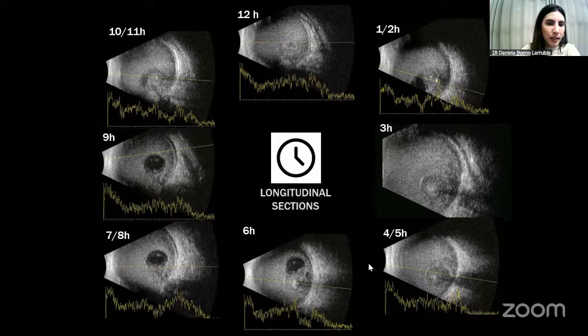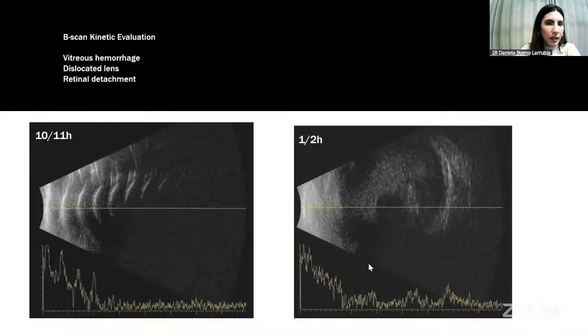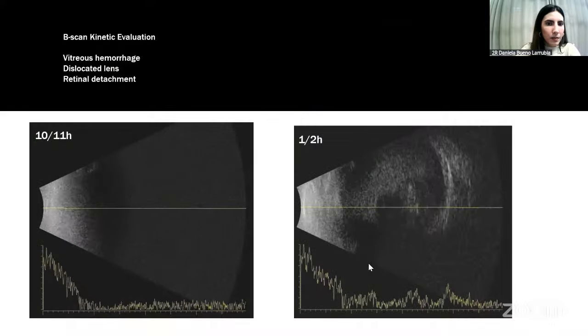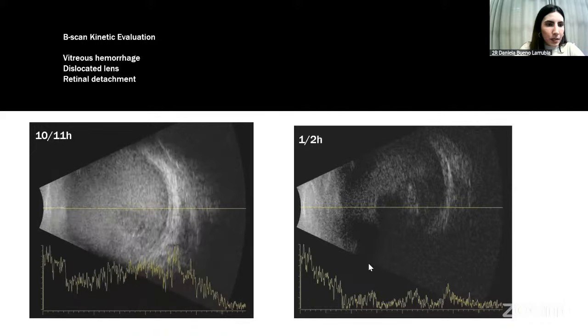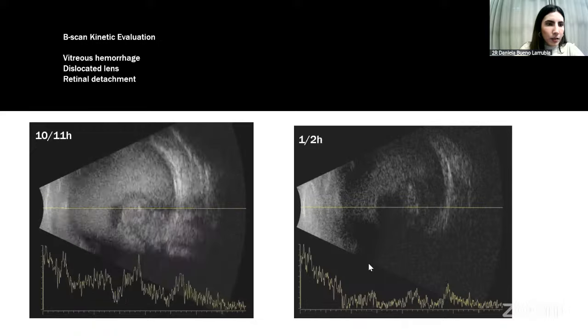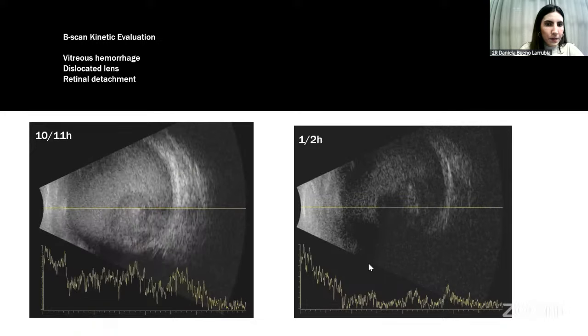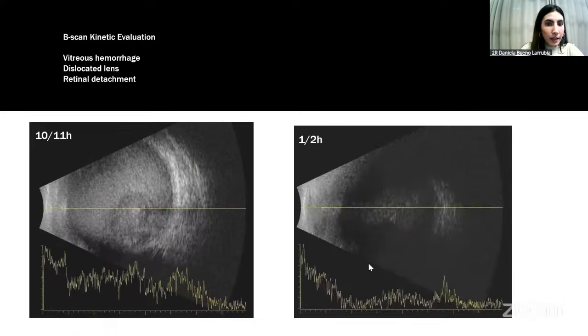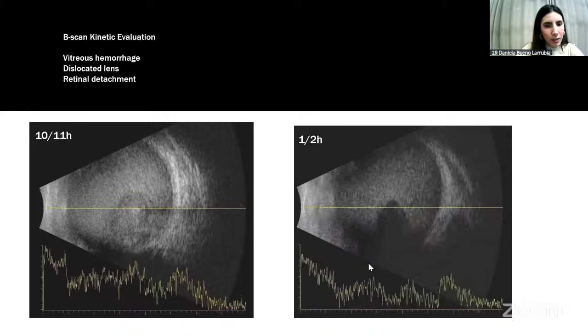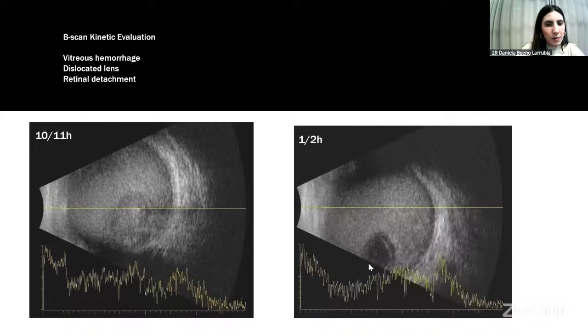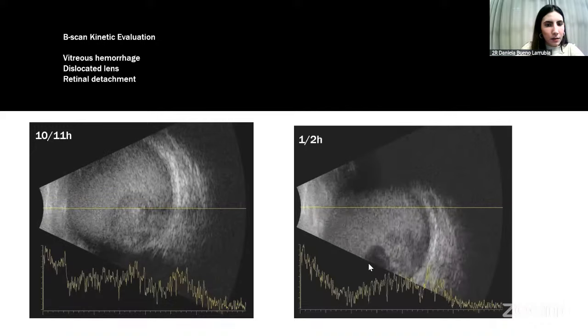The punctate echoes are present in the vitreous cavity and may correspond to a hemorrhagic process. Here are some videos. And at B-scan, it's possible to observe an atypical presentation of retinal detachment. The retina does not present any movement at the kinetic evaluation. We could also see vitreous and subretinal hemorrhages.